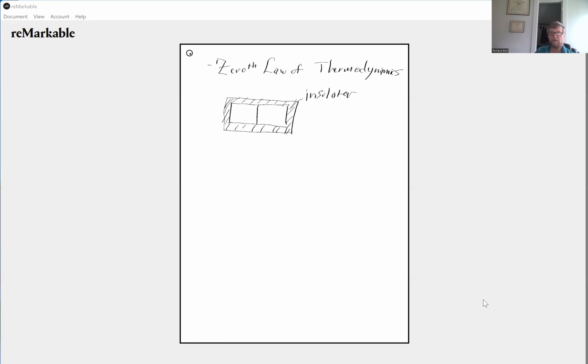A remarkably efficient insulator, by the way, is not one but two styrofoam cups stacked on top of each other with a lid. That is a remarkably effective insulator. If you want your coffee to stay hot longer, ask for a second cup. It's very wasteful.